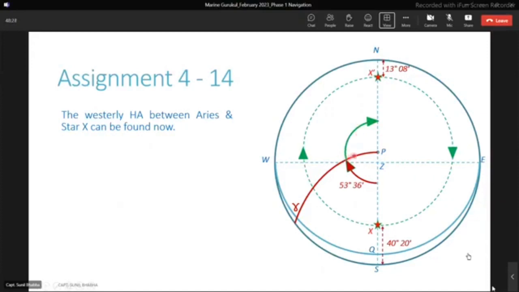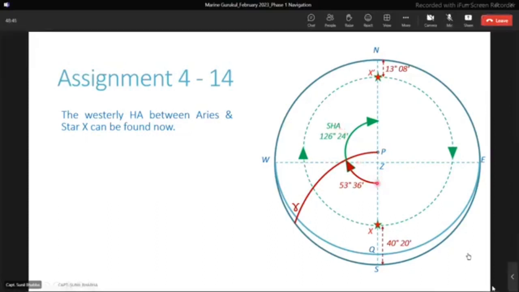What is this green color angle? It is the angle at the pole contained between the celestial meridian of Aries and the celestial meridian of the star. And this is the definition of SHA. So the SHA of this particular star can now easily be found.